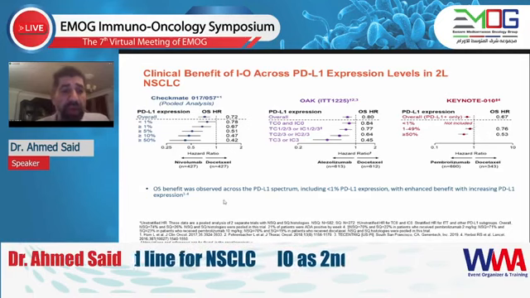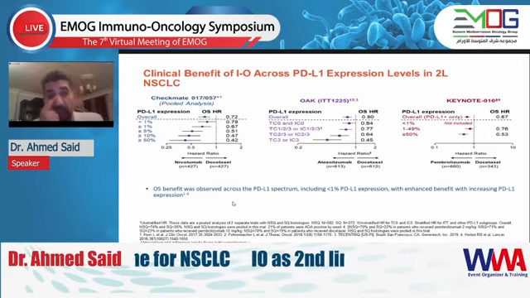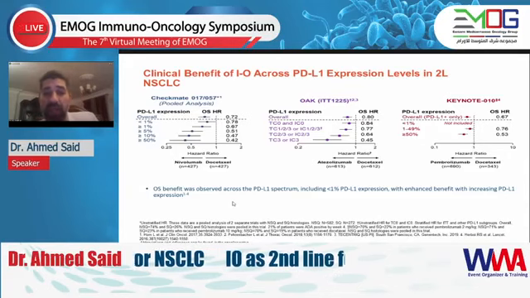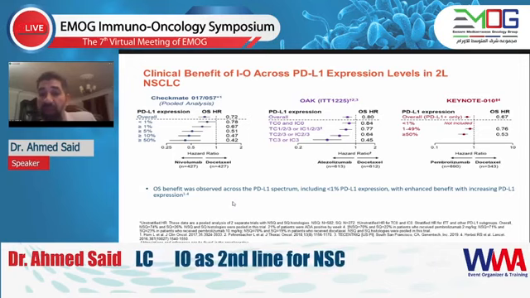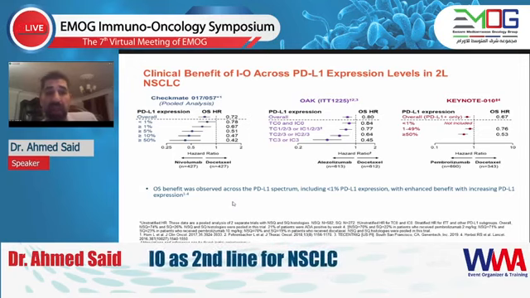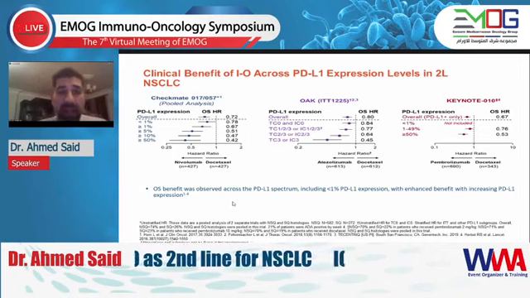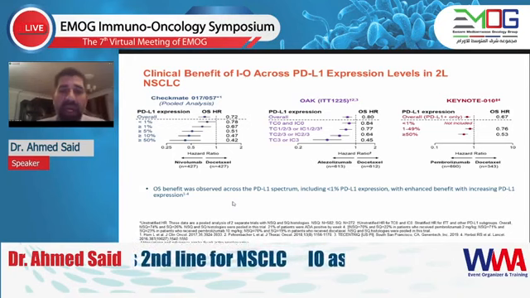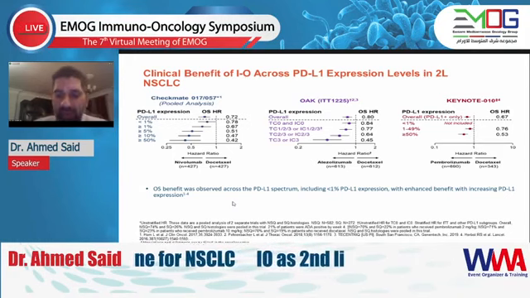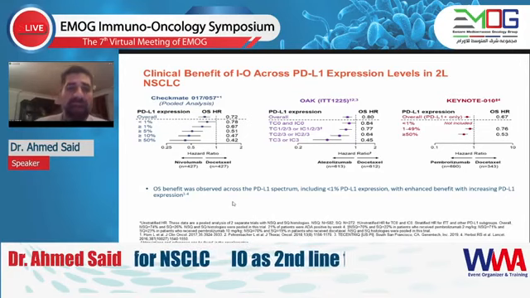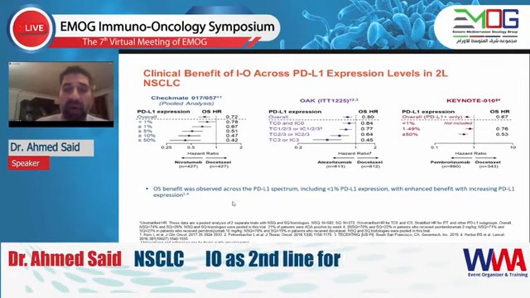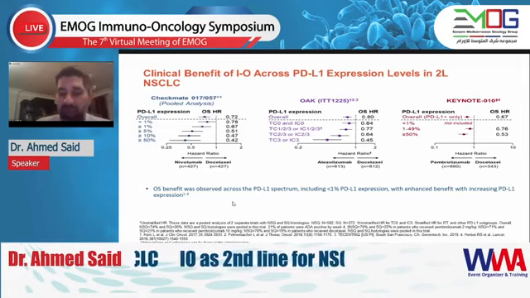So overall survival benefits were observed across the PD-L1 spectrum, including less than 1 PD-L1 expression, with enhanced benefit with increasing PD-L1 expression. This is a cross-trial comparison, but it allows us to learn that the immunotherapy overall survival benefit is maintained in most of the trials for the approved molecules.